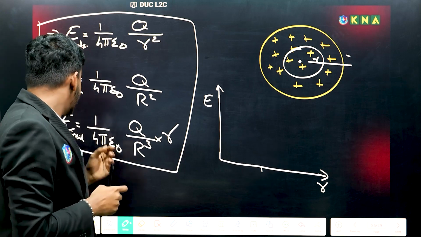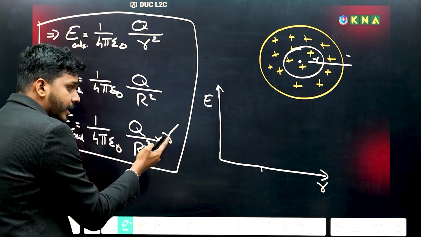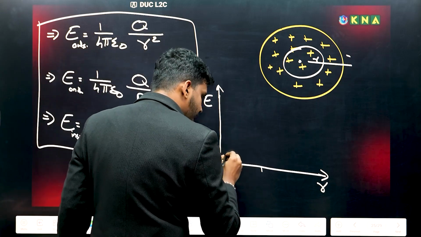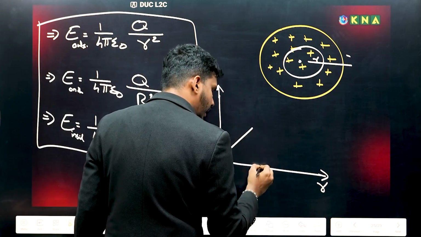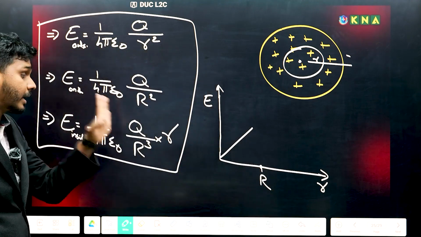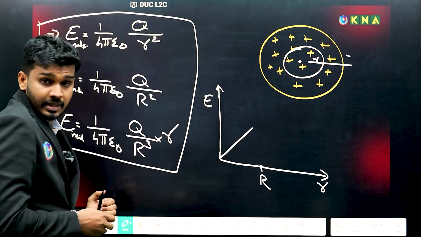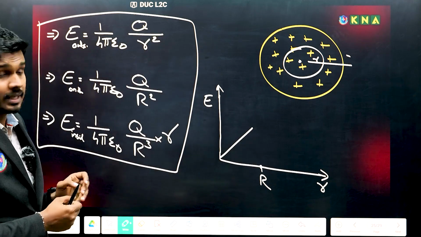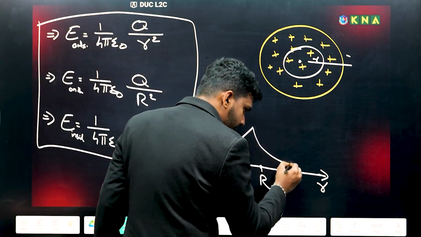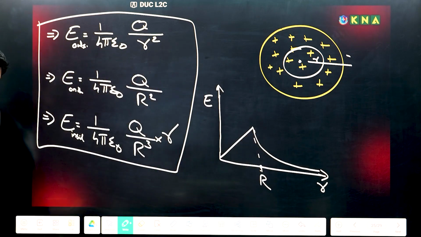Inside the surface, the electric field is directly proportional to r, reaching its maximum at capital R. After R, that means outside the surface, the electric field is inversely proportional to r square.